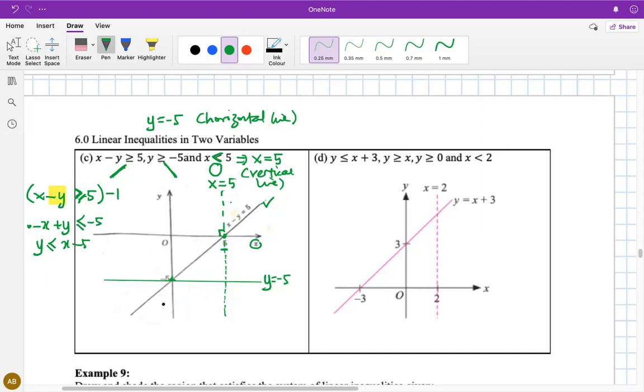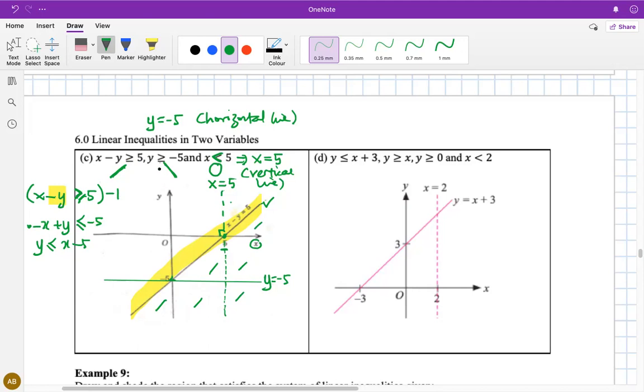Okay, so it's the region below the straight line. Where is the straight line? This is the straight line. Okay, so we jot down as slash slash slash slash slash. So 1, 2, 3, 4, 5, 6. So there are 6 regions that satisfy x minus y greater or equals to 5.